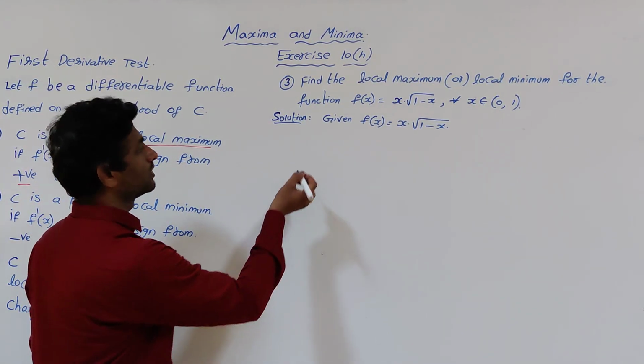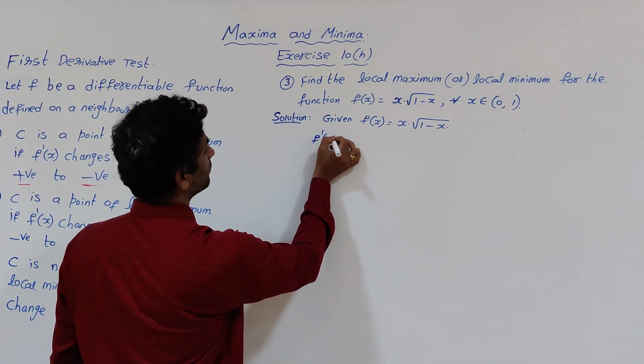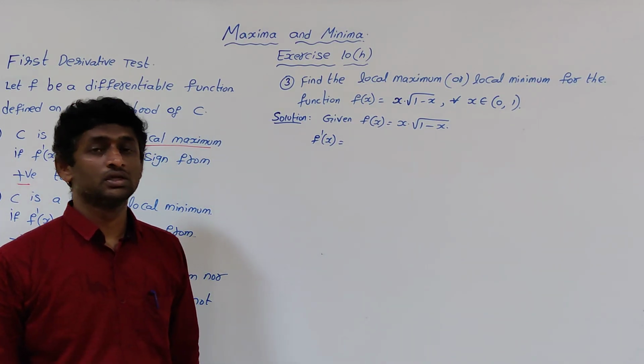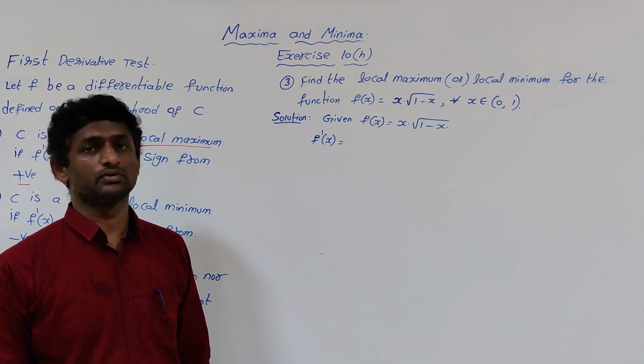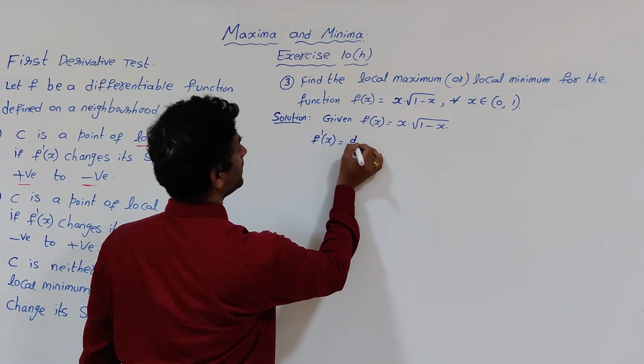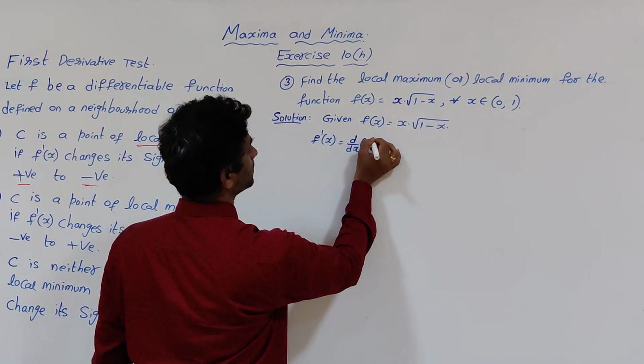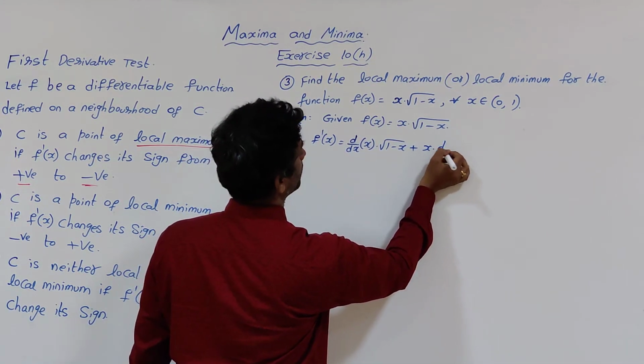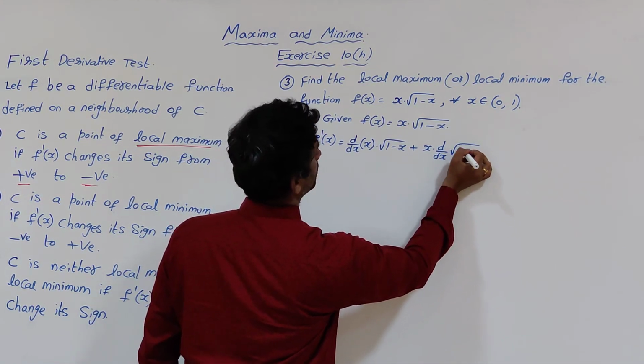Now we will try to find the derivative. F dash of x will be, as it is a product of two functions, you have to apply the UV rule. So d by dx of x into square root of 1 minus x plus x into d by dx of under root of 1 minus x.